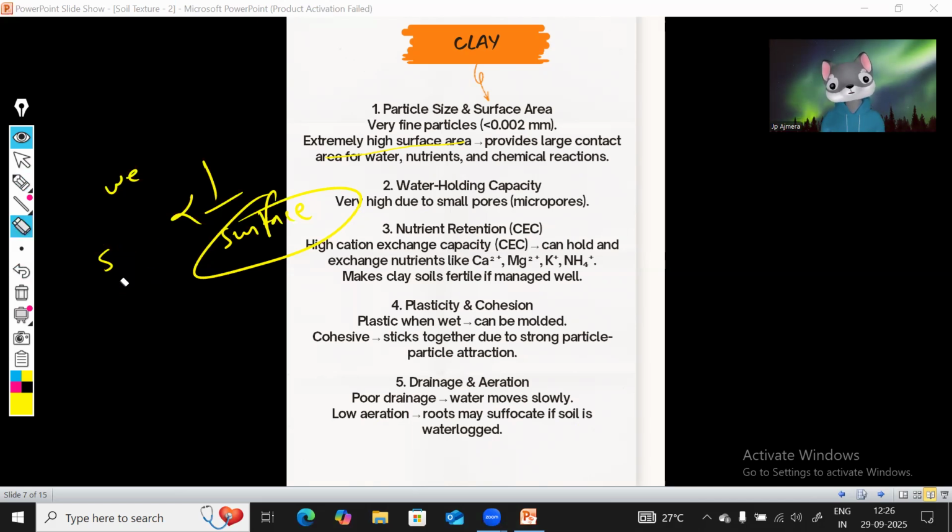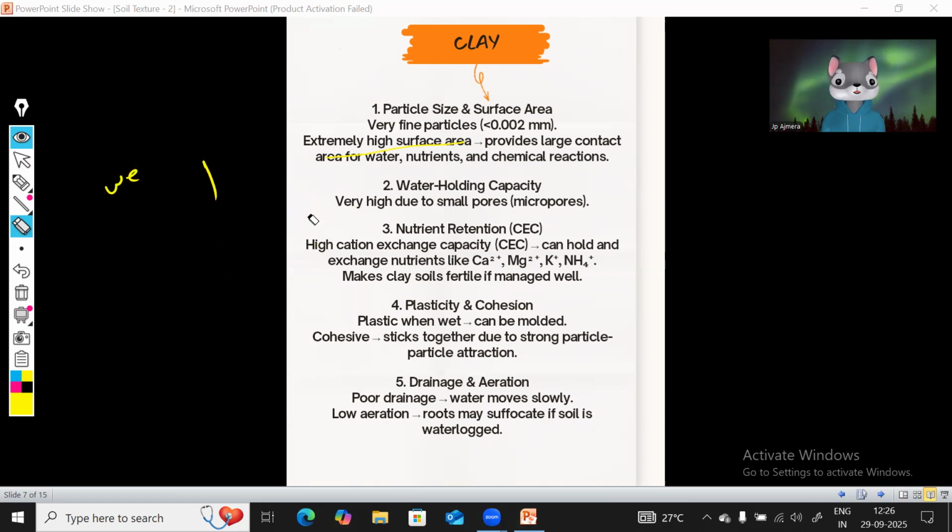So clay is the smallest size, that's why the surface area is the highest. It provides a large contact area for water retention, nutrient retention, and chemical retention.